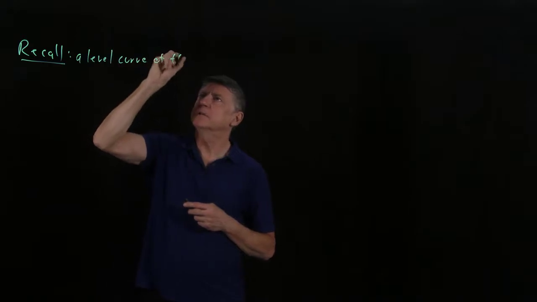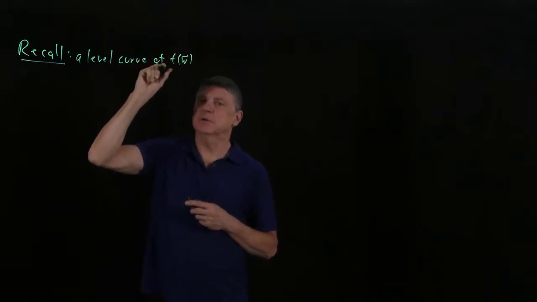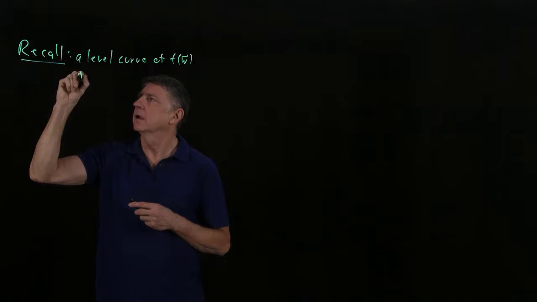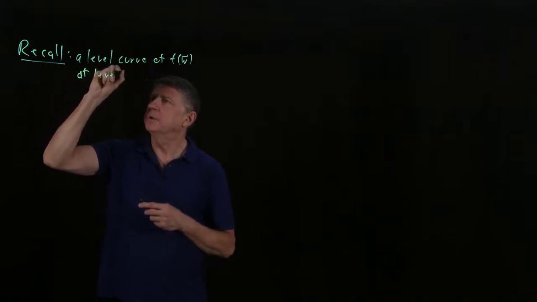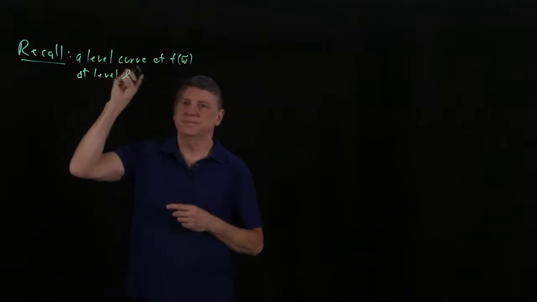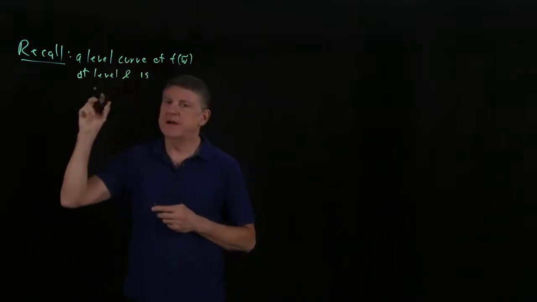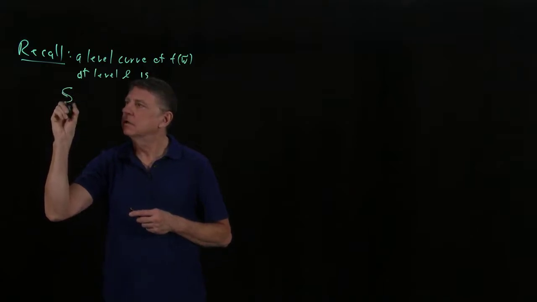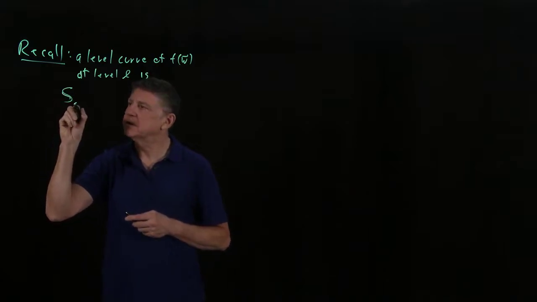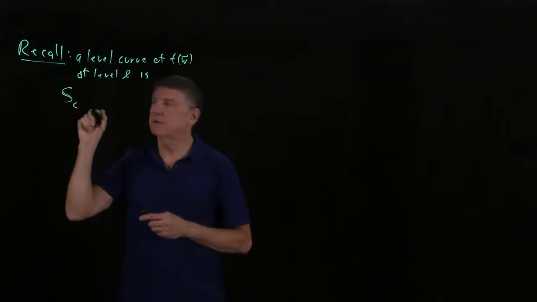of a function that has a vector argument at a level, and we picked the script L, is defined as, and we used this double-barreled S and we put a C subscript because we were talking about a level set.